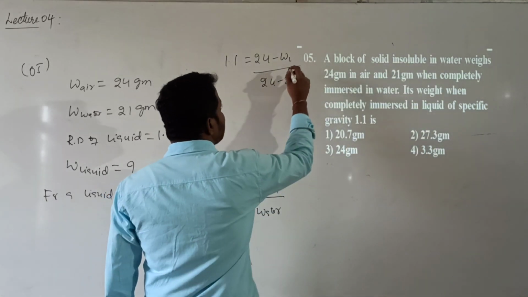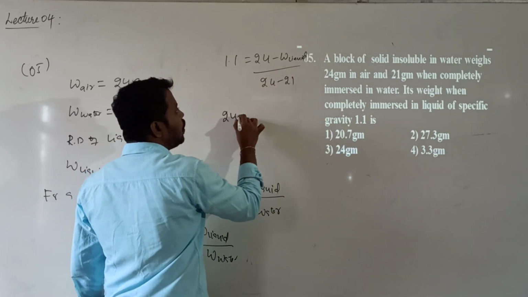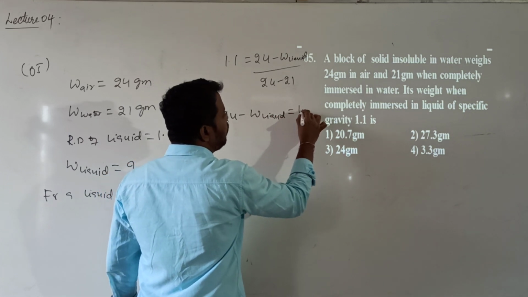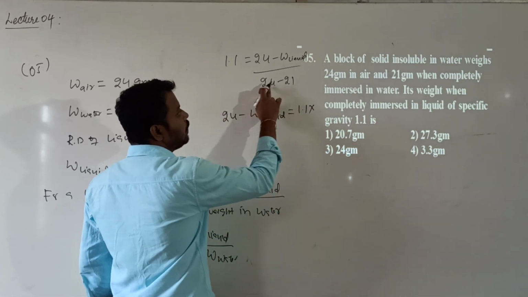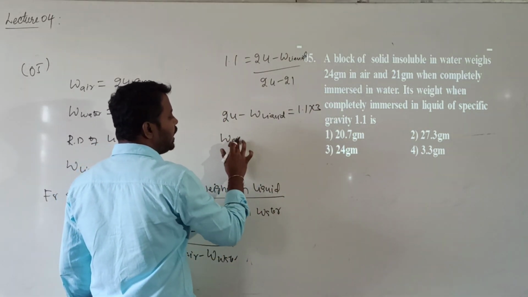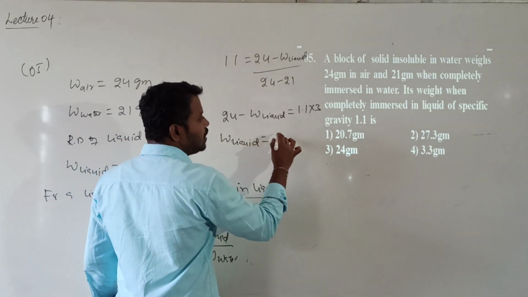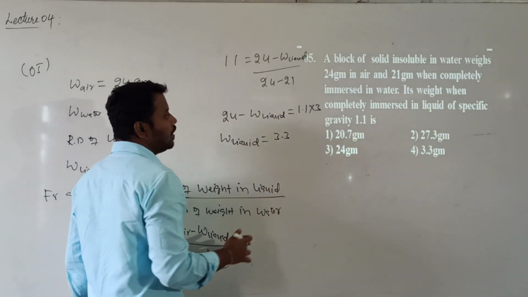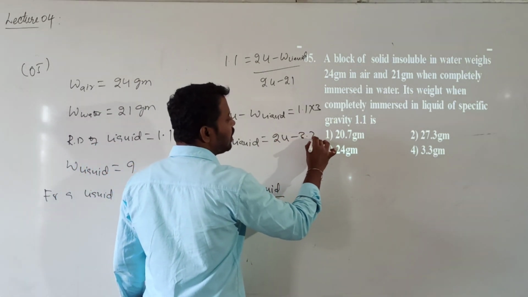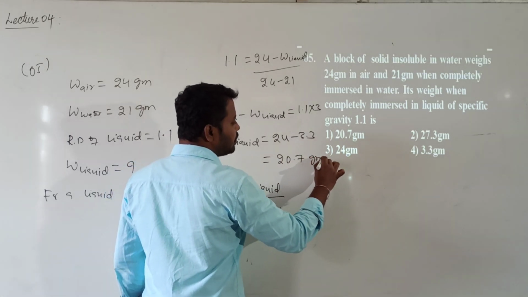Therefore, what will I get? This is the W value in liquid. So 24 minus W in liquid will be equal to 1.1 into (24 minus 21), which is 3. So that is 3.3. Then W in liquid is 24 minus 3.3, which is 20.7 grams.